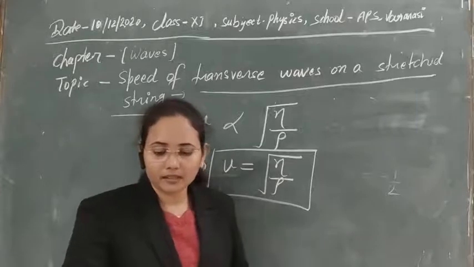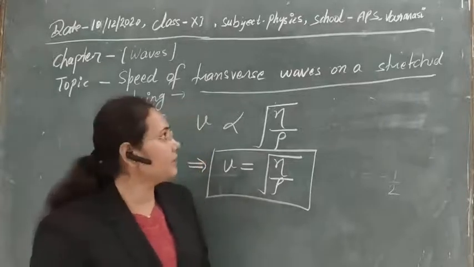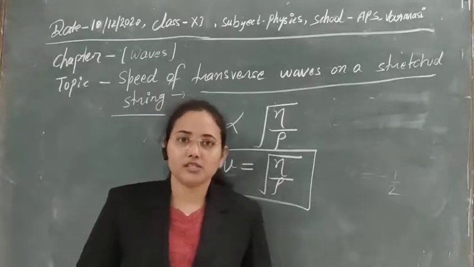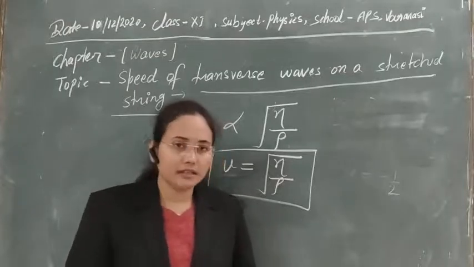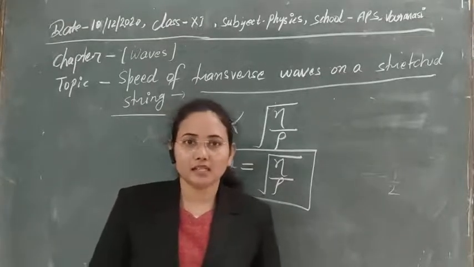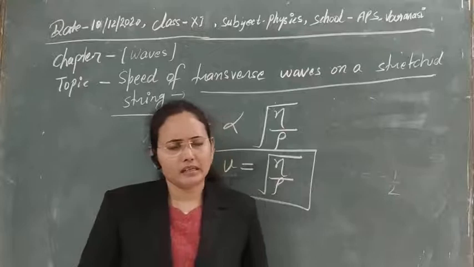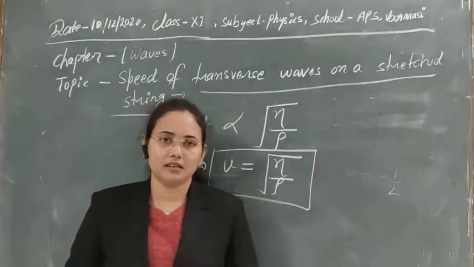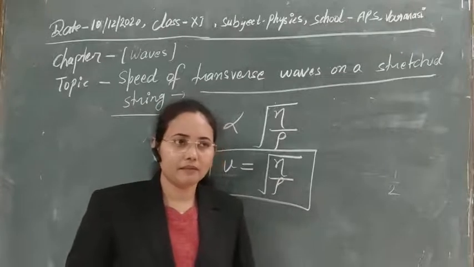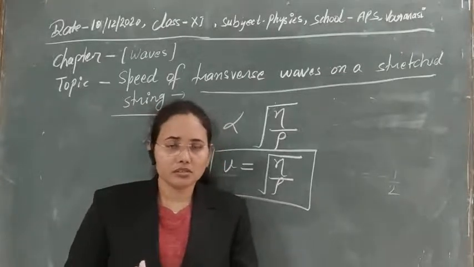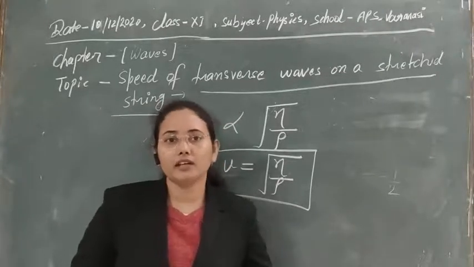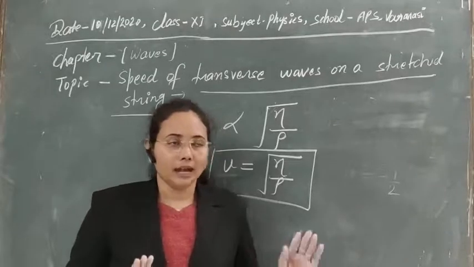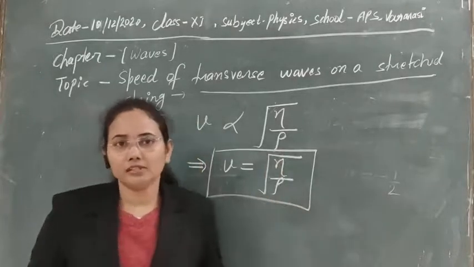So I think that is the concept behind the speed of a transverse wave on a stressed spring and in any solid, that is, both factors are clear to you. You can understand easily, and you can calculate both of the formulas easily with the help of dimensional analysis. Sometimes you have to use dimensional analysis. That is a very effective way to establish a formula, and in a practical way we have established this.